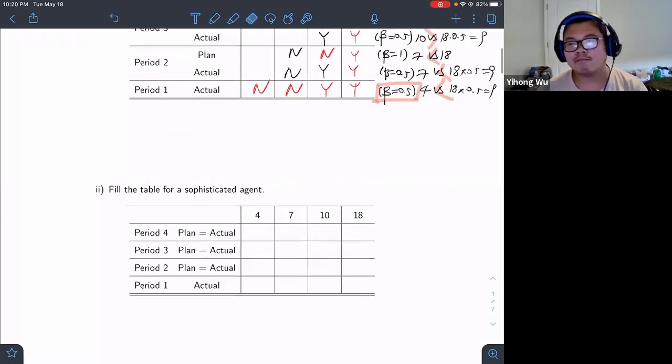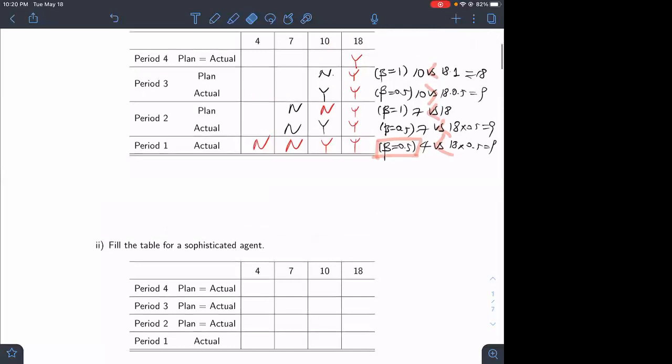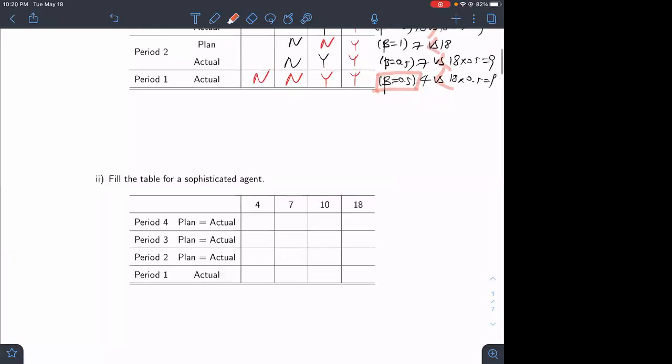Now we use the sophisticated agent. The table looks different because here the plan is the same as his actual choice, so we don't need to distinguish the plan and his actual choice. For the sophisticated agent, he's saying yes, yes, yes, yes. And then we also use backward induction. In period 3, he's comparing with beta equals 0.5.